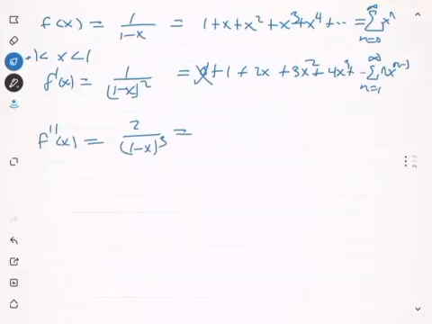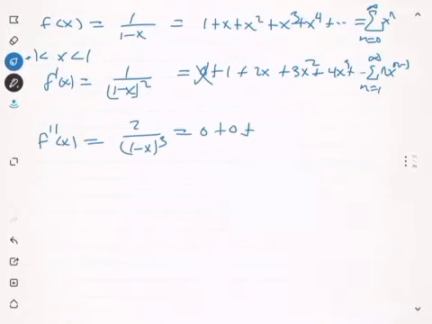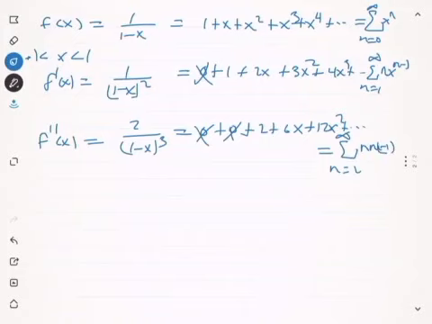In the series sense, this is called term-by-term differentiation. You get 0 plus 0, because again the derivative of 1 is 0, plus 2 plus 6x plus 12x squared plus blah blah blah, which equals the sum as n goes from 2 to infinity, because this term dies and this term dies, of n(n minus 1) x to the n minus 2 power.